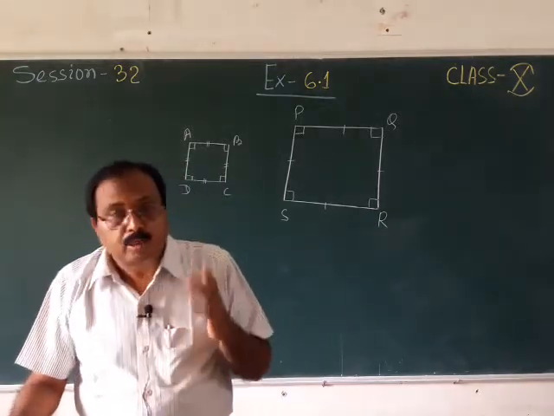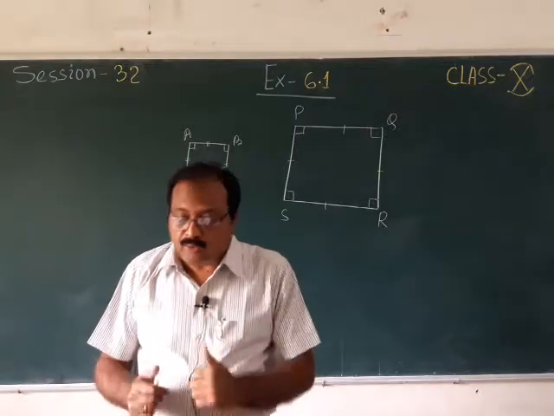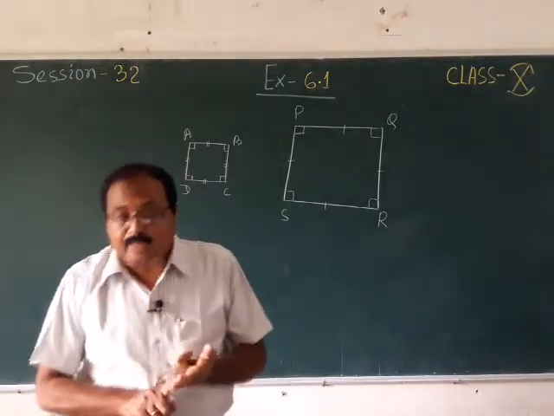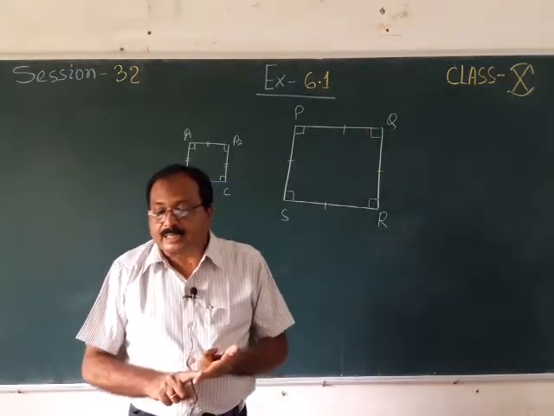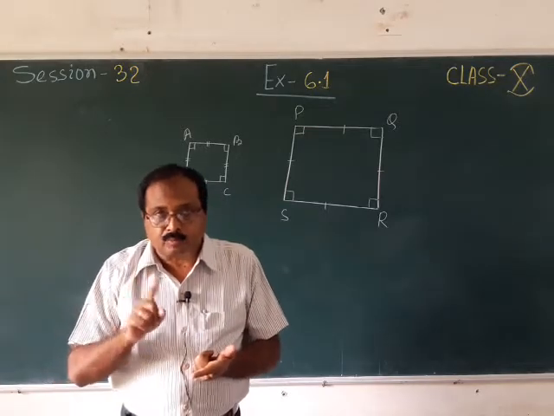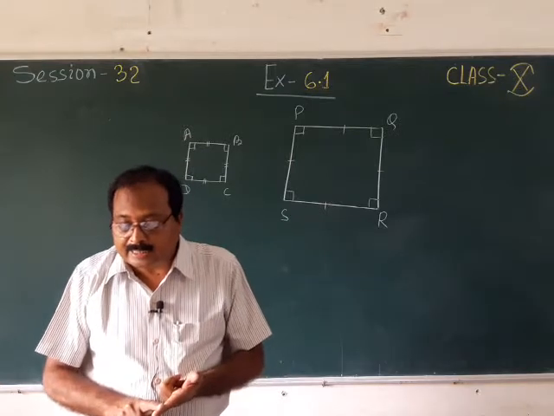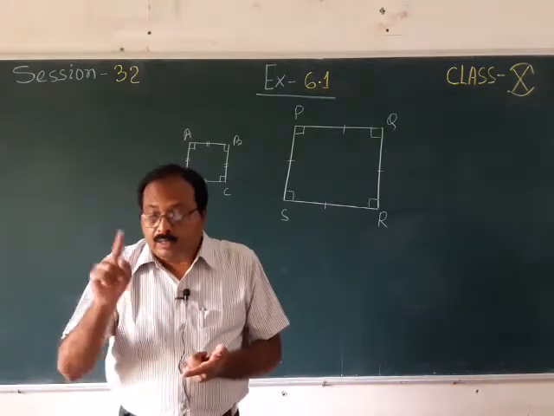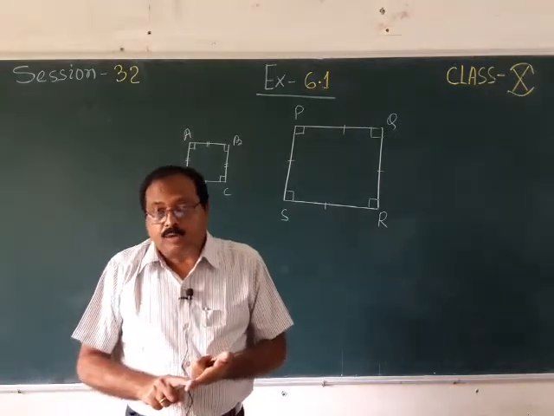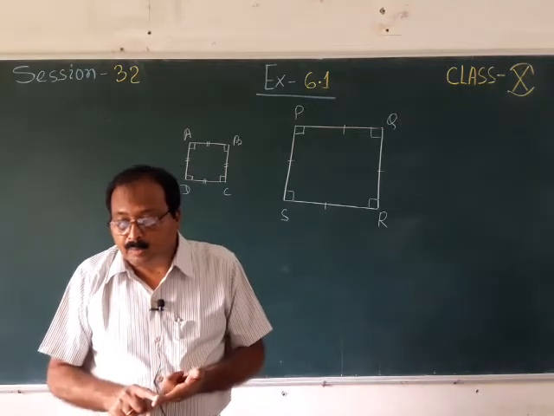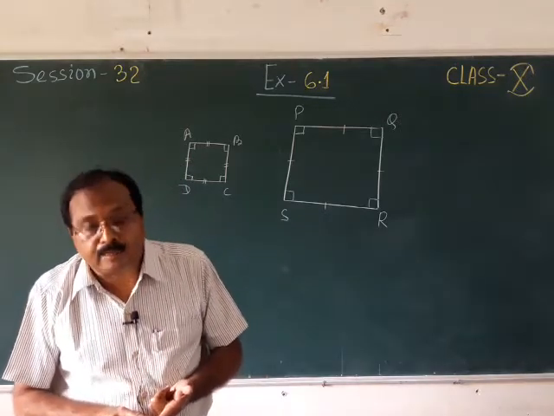This is the most important fact. One more fact I am talking about: two polygons of the same number of sides are similar if their corresponding angles are equal and their corresponding sides are in the same ratio.